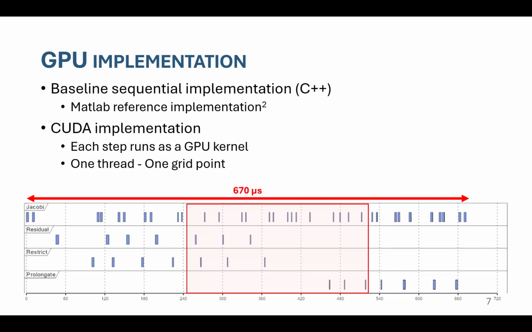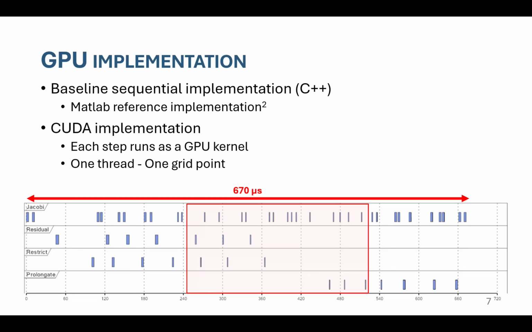Now, what we can see here is a trace diagram of our implementation. In the different rows, you can see the kernels, and these little blue trace marks indicate how long they took on the GPU. And this is exactly how far you would get if you just download a geometric multigrid from GitHub and use it. It's mostly just calling kernels from a for loop.